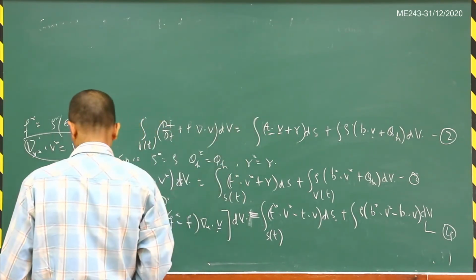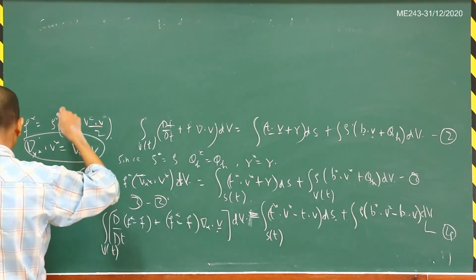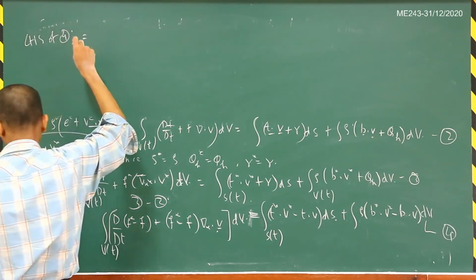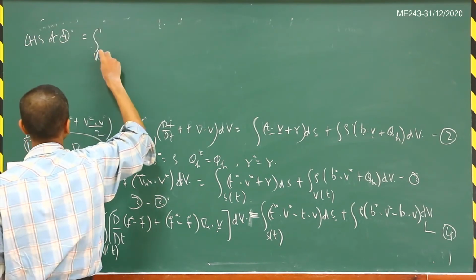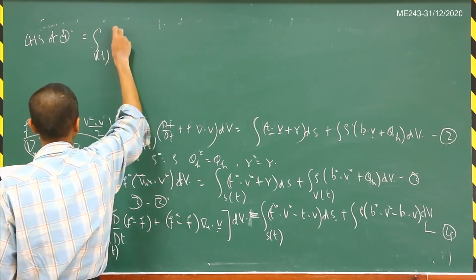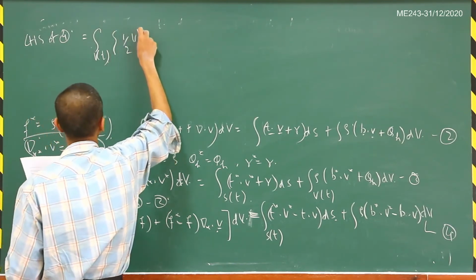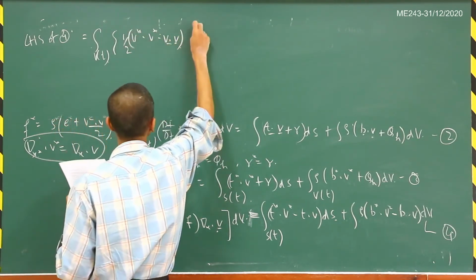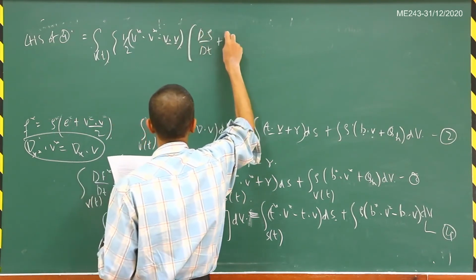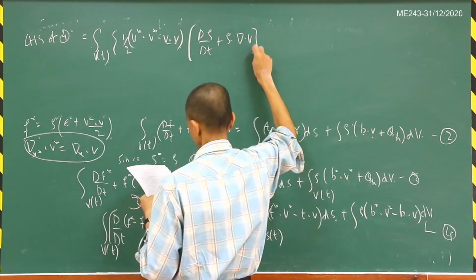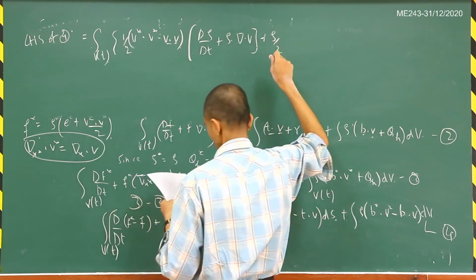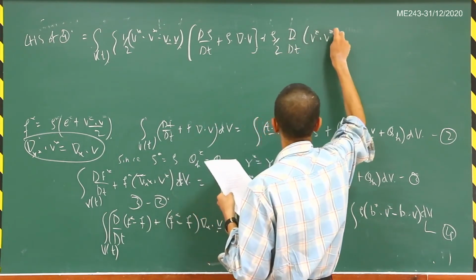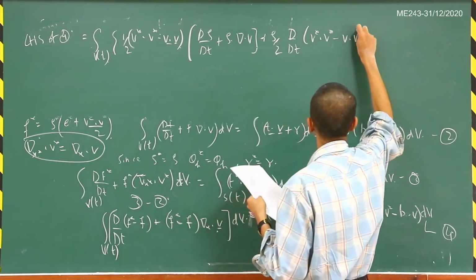So LHS of 4 is equal to integral over v of t of half of v star dot v star minus v dot v times d rho by dt plus rho times del dot v, plus rho by 2 times d by dt of v star dot v star minus v dot v times dv.